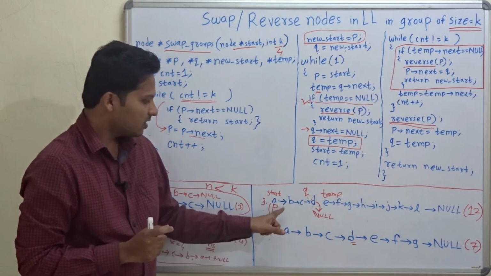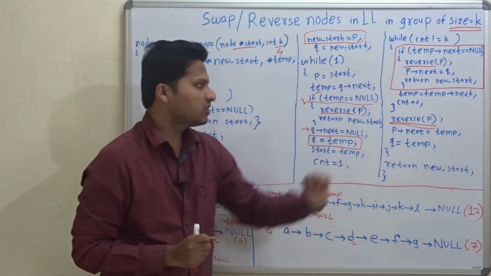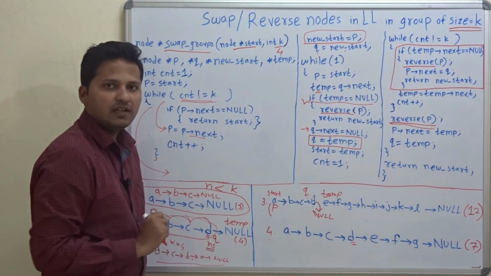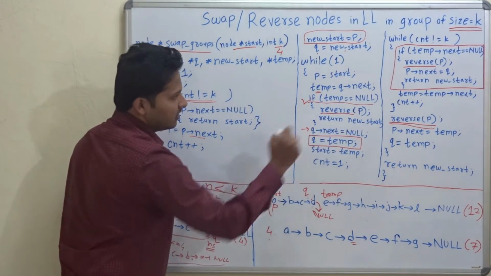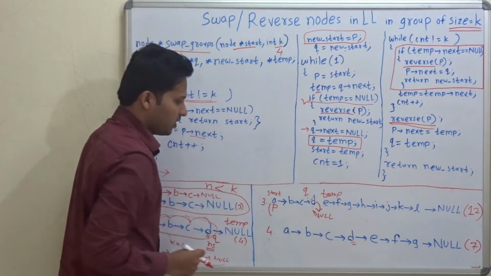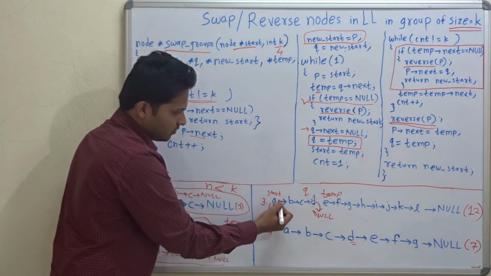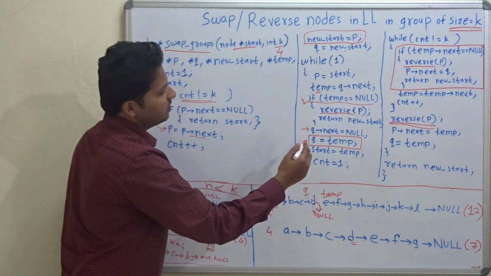For us this is a group, but for this function it is an independent linked list. So we will pass this linked list to that function further in the program. So now let's go ahead.